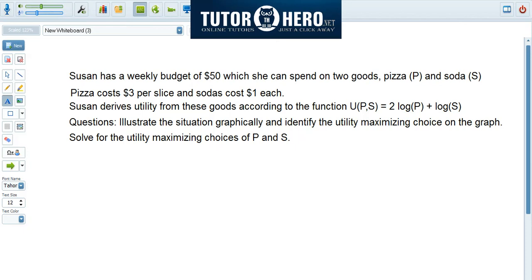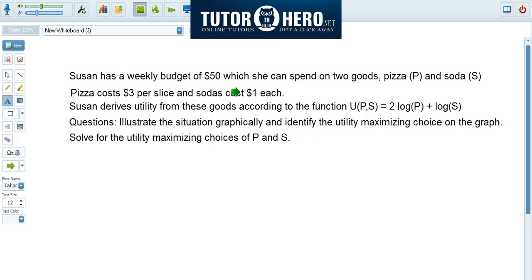In this particular problem, we have a consumer named Susan. She has a weekly budget of $50, and she can spend it on one of two goods. She can consume pizza or she can consume soda. Both of those goods have a cost. Pizza costs $3 per slice. Sodas cost $1 each, so pizza is more expensive than soda.